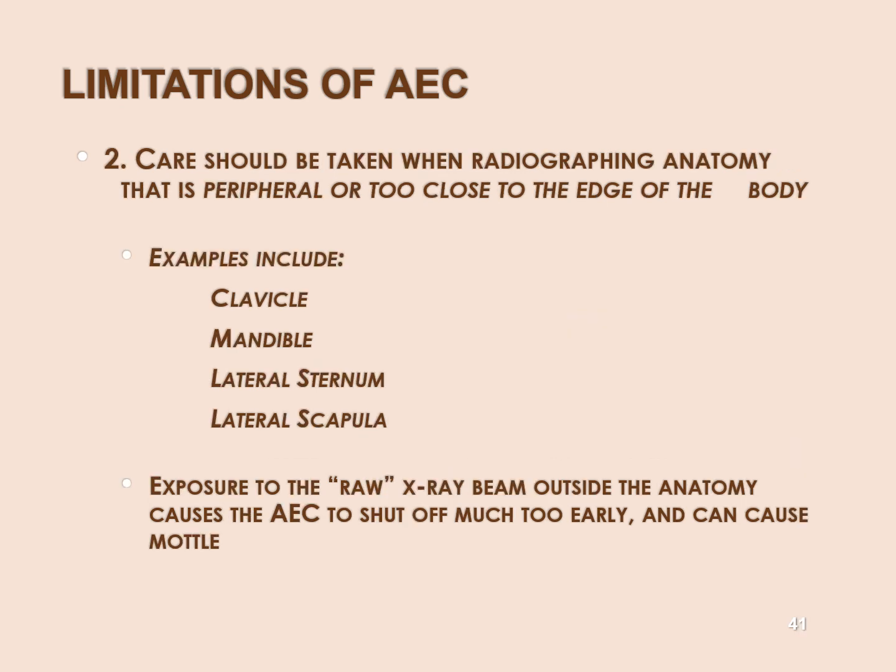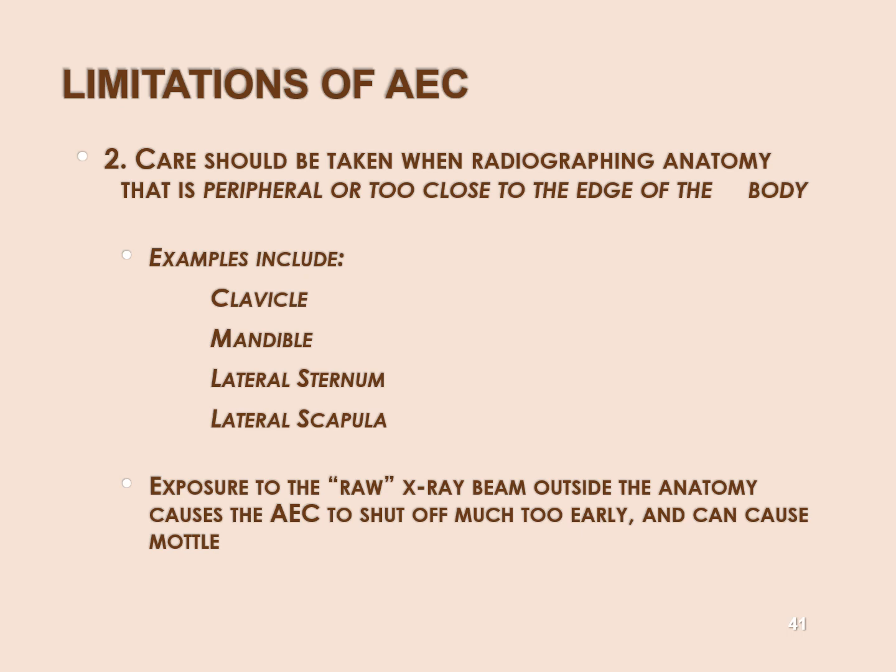Okay? So clavicle, mandible, lateral sternum, scapula, lateral scapula. Okay? Fingers. I would even say hands and wrists. Forearms, yeah. Elbows, yeah. Don't use AEC for those. Humerus, you can probably get away with it.